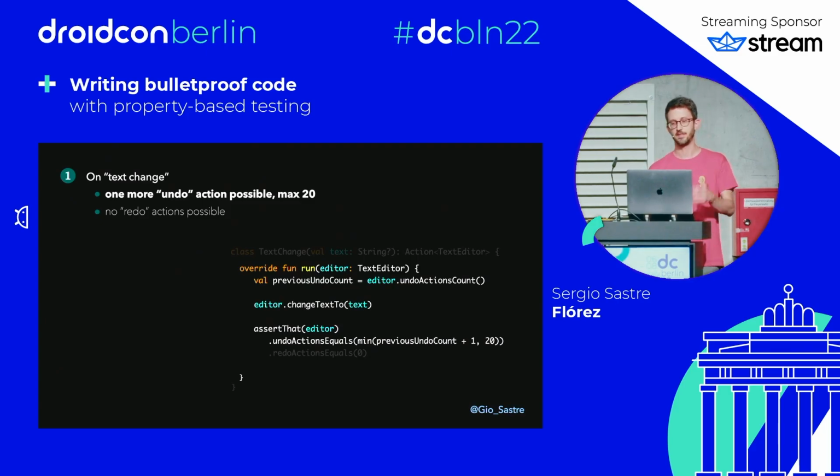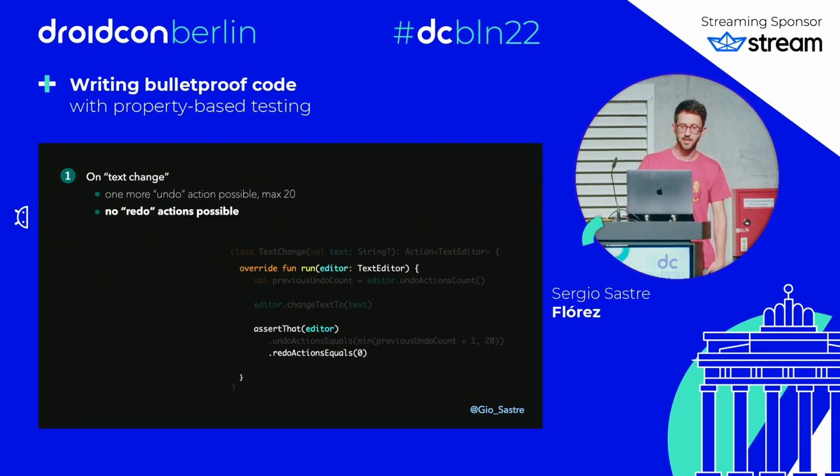And here there are several things happening, pretty straightforward. We check the undo actions count before changing the text. Then we change the text, and then we assert that in the current state, the number of undo actions is one more than before, but up to 20.